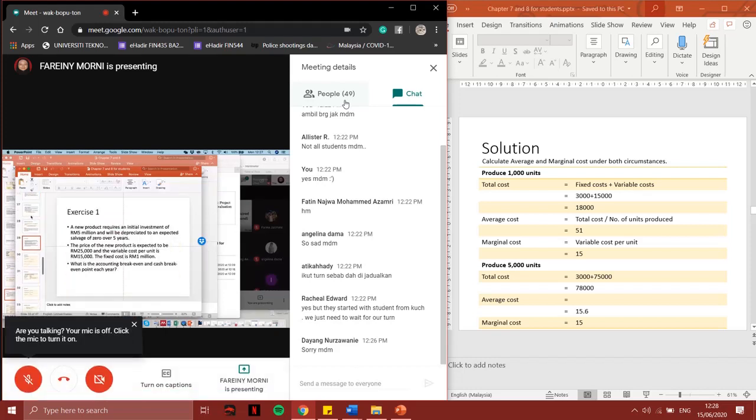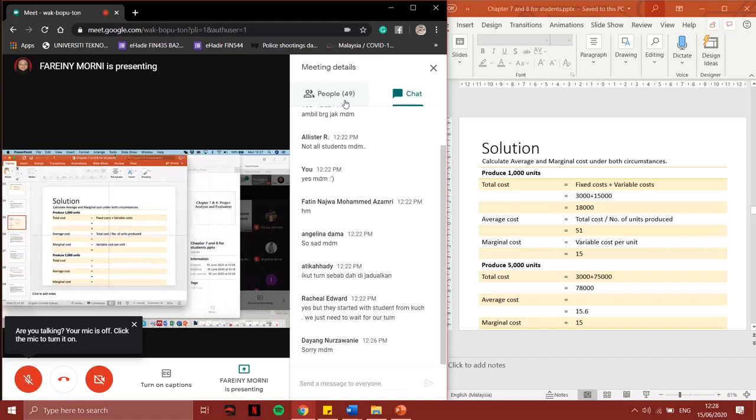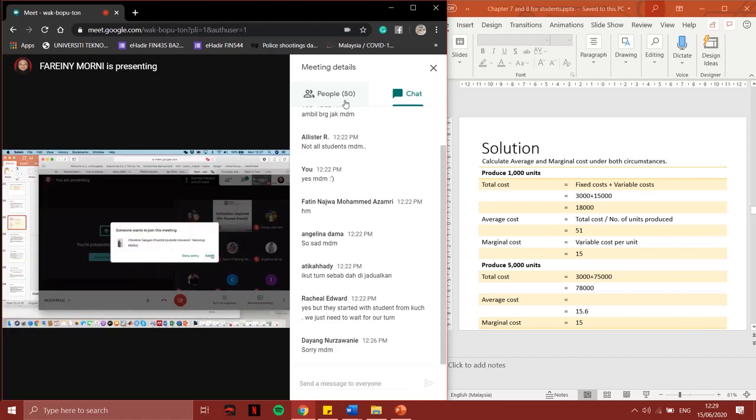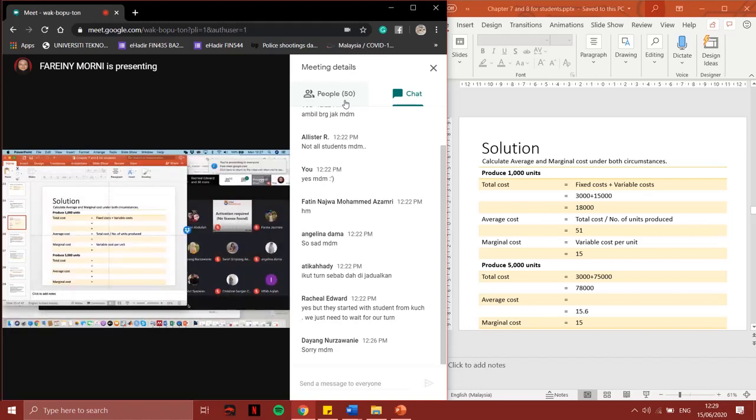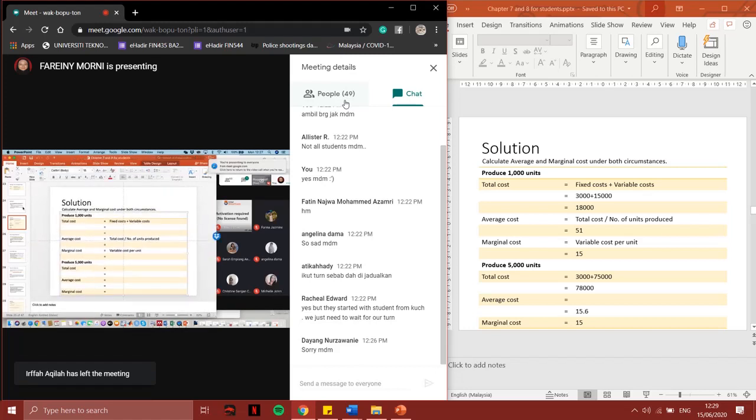Okay, this one. Alright. Okay, so you try to fill in first. What is the total cost? Total cost is fixed cost plus variable cost.